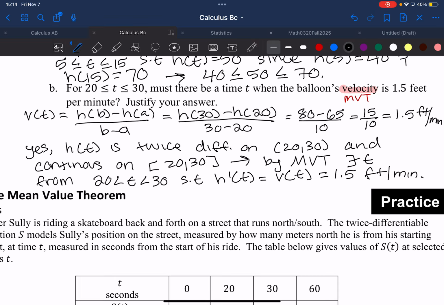What if when I solve velocity, I didn't get 1.5 feet per minute? You would say no, right? We can't guarantee by the mean value theorem that this would be possible because we didn't get the same value for velocity like it was asking us to.